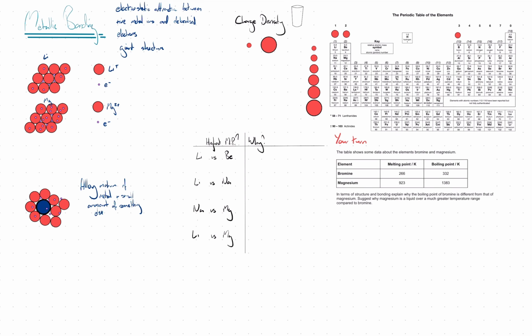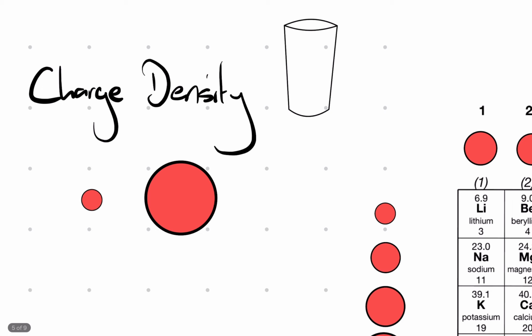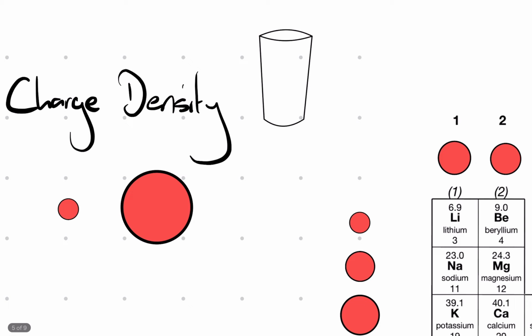Now we can get into more of the A-level stuff. Where we get to the A-level stuff, we start thinking about something called charge density. I think it's quite similar to the strength of an orange squash drink. If we put in a little bit of orange squash and fill up the rest with water, we're going to have quite a weak drink.